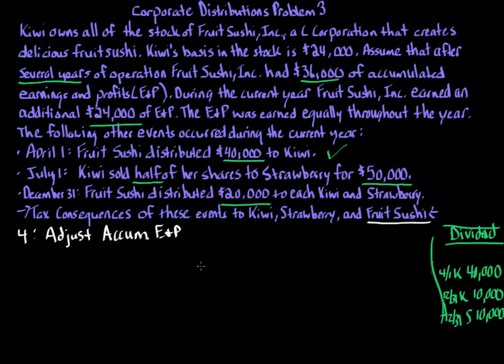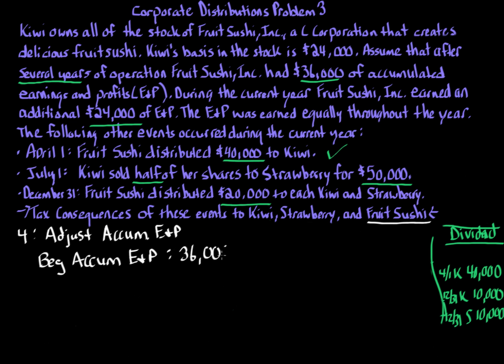corporation Fruit Sushi. Now remember that in order to adjust the accumulated EMP, we really have a 4-part formula. We start with the beginning accumulated EMP, which we're told in this problem, the accumulated EMP is 36,000. So that rolls over. That's at the beginning of this year, the year at issue.